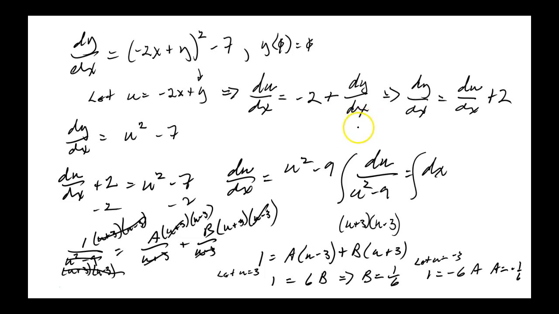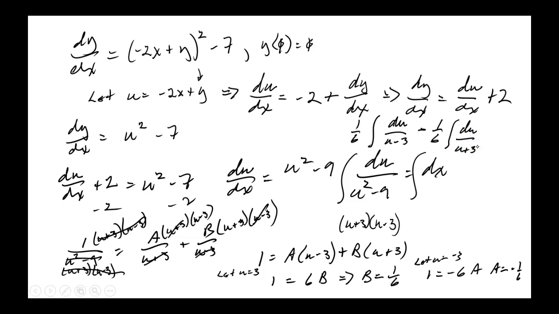So this would be 1/6 times, that's the b here, times the integral of du over u minus 3, minus 1/6 times the integral of du over u plus 3.